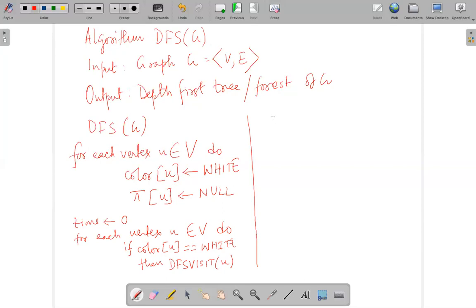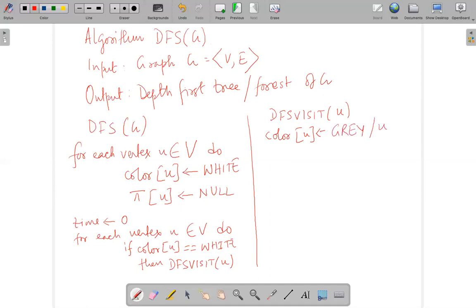Now, DFS visit is a recursive function which is written as follows. Color of u is set to, as we said, gray.